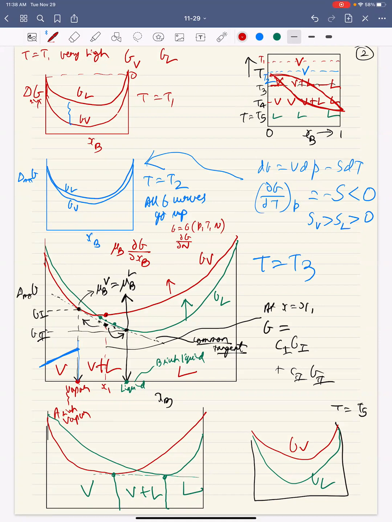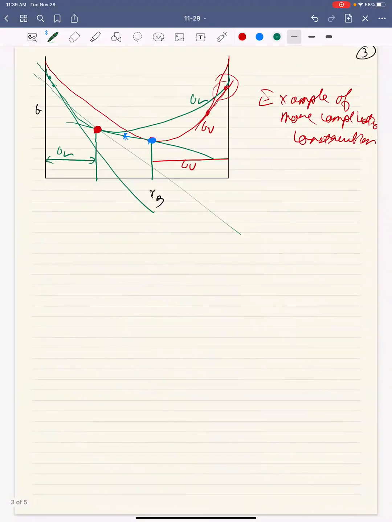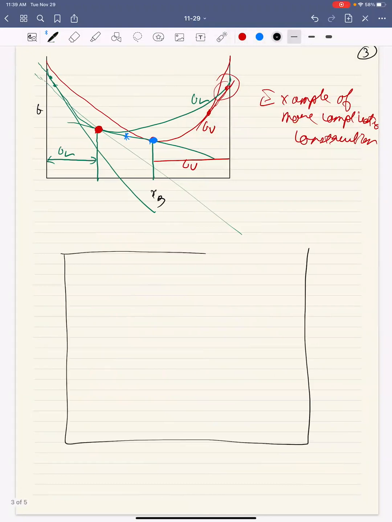Let me draw this phase diagram again on the next page. So we have temperature, we have composition. A better way of thinking about it is in terms of grids.